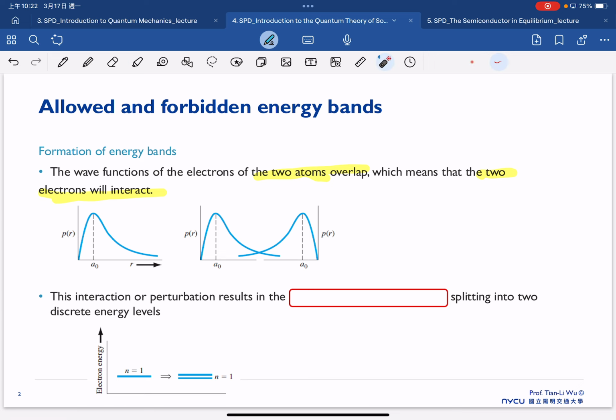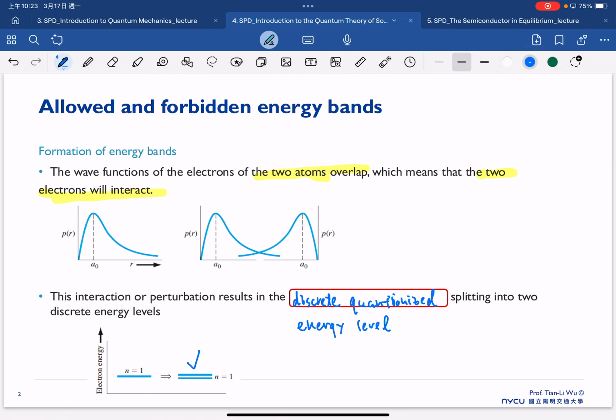And this interaction or perturbation results in discrete quantized energy levels. That's split into two discrete energy levels.